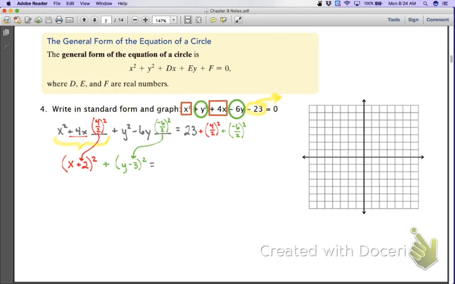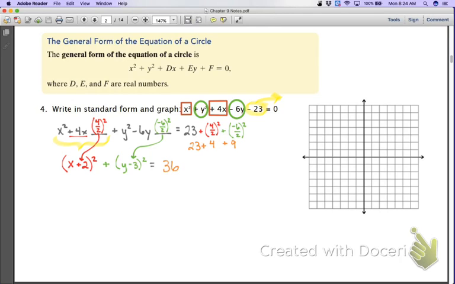The right side just becomes a number. It's really up to you what you want to do. If you want to rewrite 4 divided by 2 squared, that's just 4. That's going to be 9. Add 23, 4, and 9 all together and get 36.